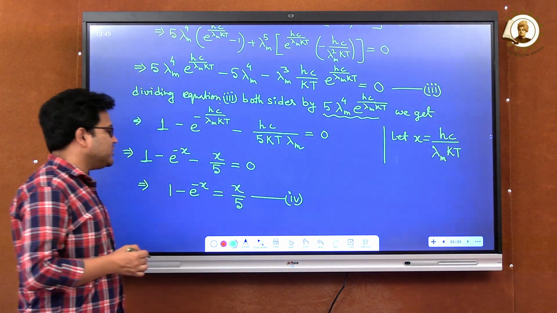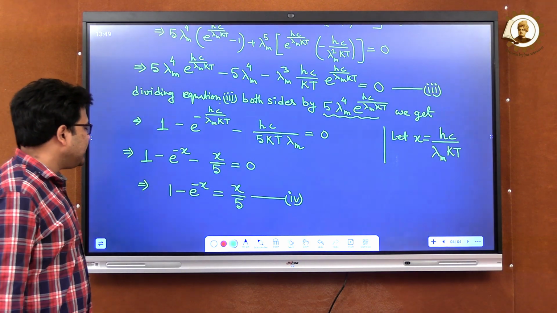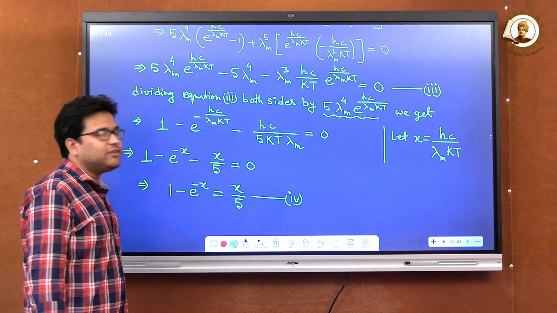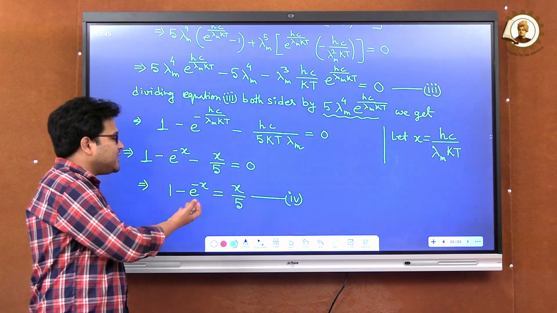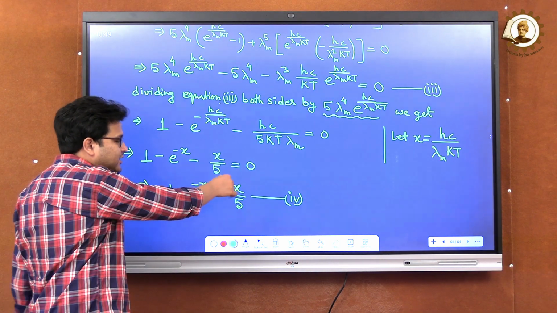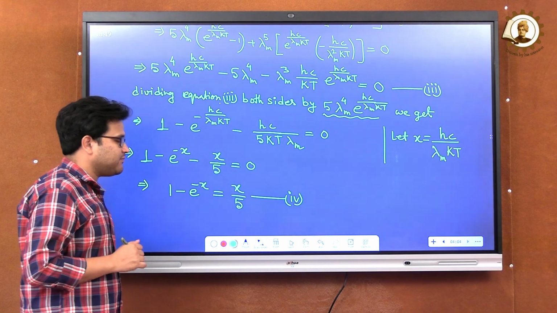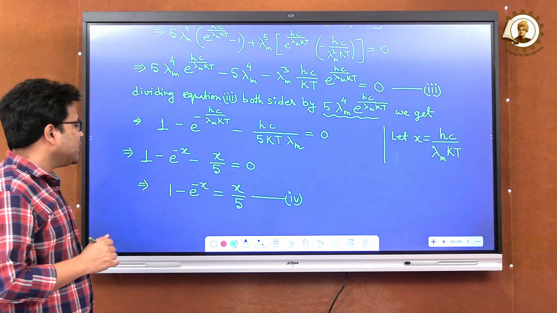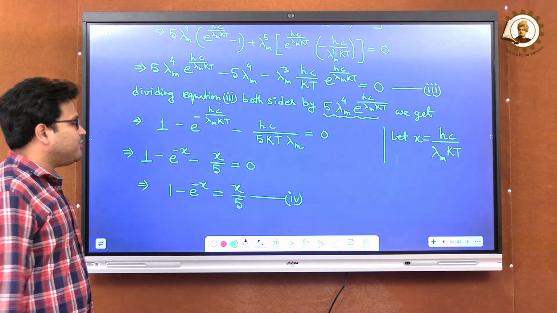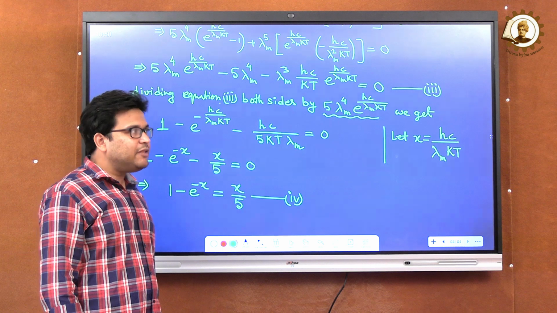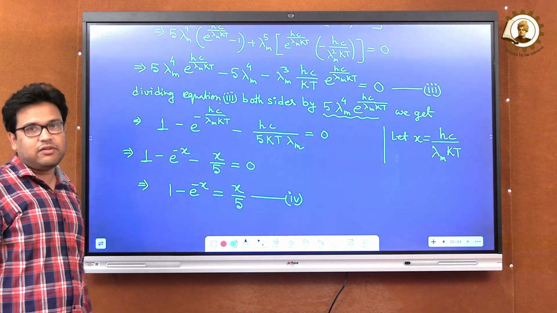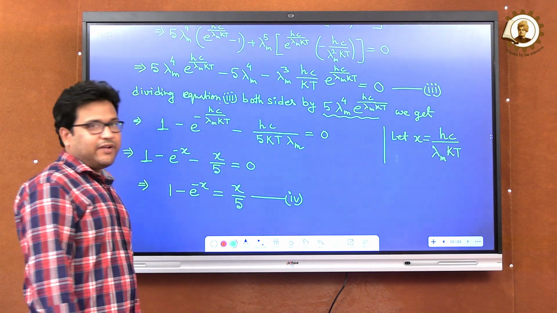Now look at equation number 4. On the left hand side we have an exponential function, and on the right hand side we have a polynomial kind of function, that means x by 5, a linear function obviously. On both sides we have different functions, so analytically we cannot solve it, and we need a graphical method.